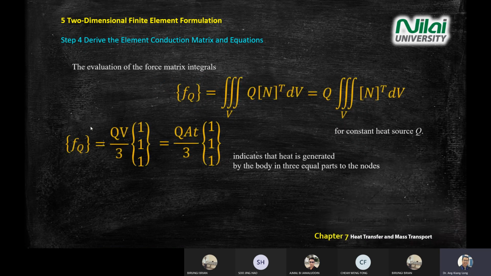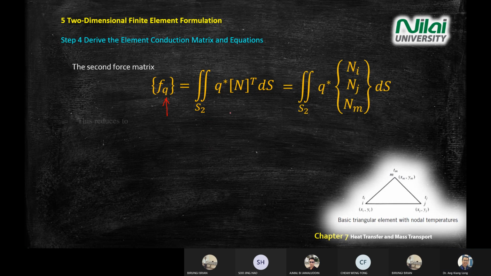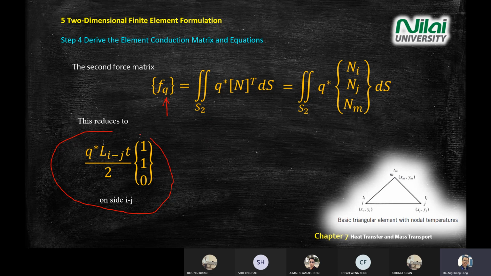Then after you solve for the Q and forces, you look at the flux. If you're given a small q flux in the question, then you need to use this equation. Again, it is a lengthy equation, but after you calculate, you arrive at this one. So Fq equals q star, L I minus J, t, divided by 2, times 1, 1, 0.